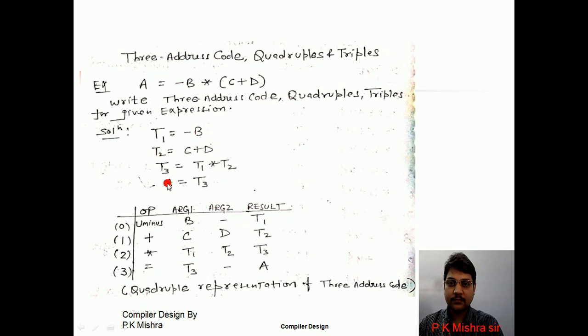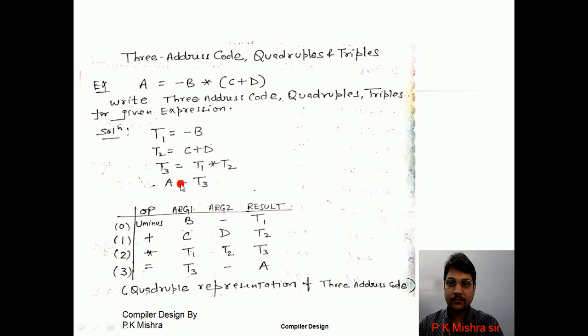Now t1 is argument 1, t2 is argument 2, the multiplication sign is the operator, and the result is t3. For the last statement, t3 is argument 1, argument 2 is not available, and the result is a. The operator is assignment. Why are we taking assignment as the operator?